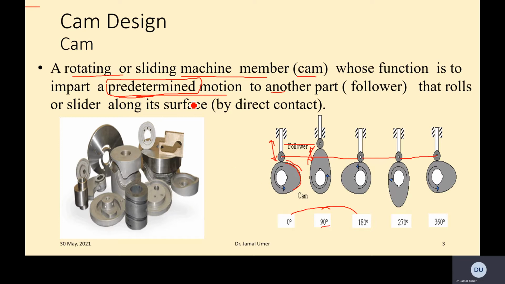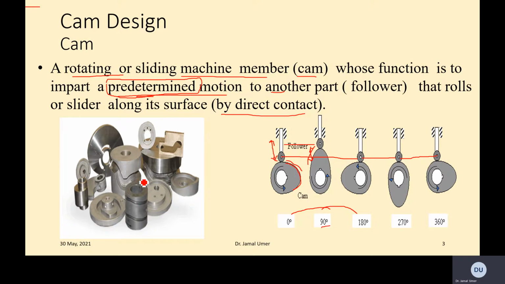Well, it mentions here direct dry contact, but in an internal combustion engine, normally you don't have dry contact; rather, you have proper lubrication present. And in this diagram, many different cams are shown, because as I said in the very beginning, there is a wide variety of applications for the cam.